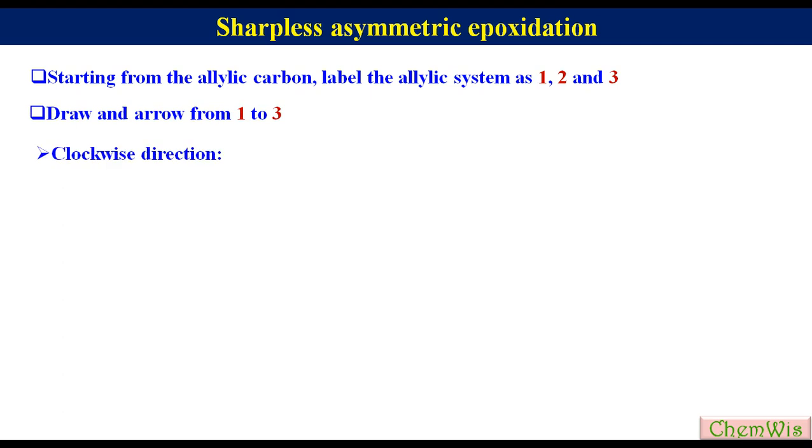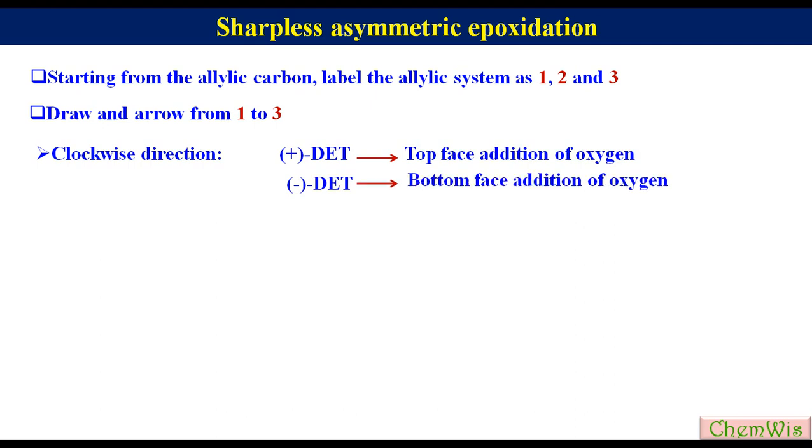If the direction of arrow is clockwise, presence of plus diethyltartrate favors addition of oxygen from the top face of the alkene, while minus diethyltartrate favors addition of oxygen from the bottom face of the alkene.